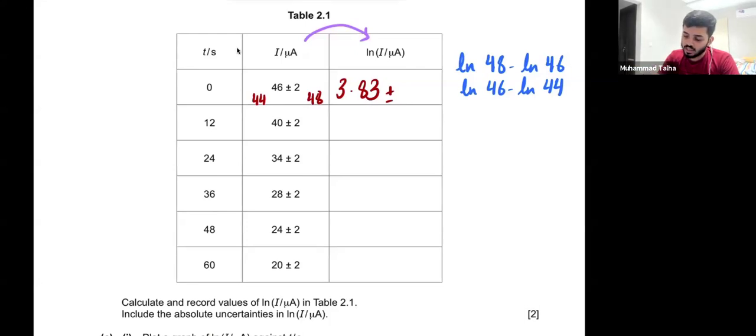So 48 and the ln of this, 0.0425. So it's just going to be 0.041, right?